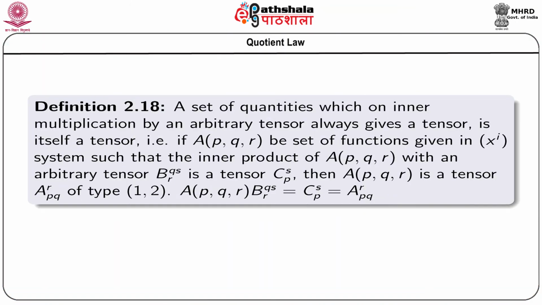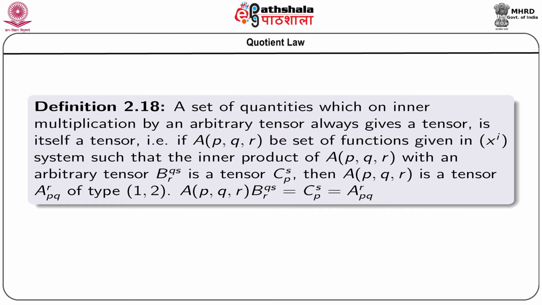So, in the next few slides, we shall learn the definition of the quotient law and give some examples and theorems. Now, let us define the quotient law in the following way: a set of quantities which on inner multiplication by an arbitrary tensor always gives a tensor is itself a tensor.